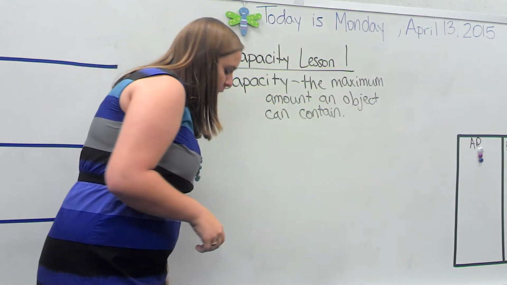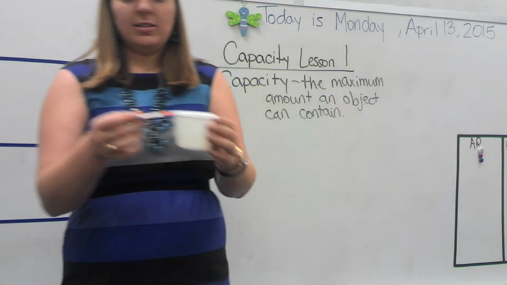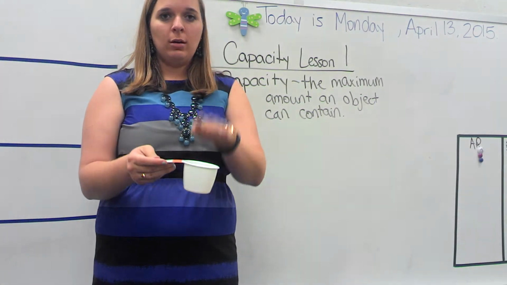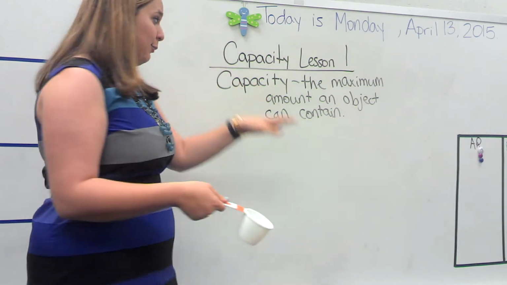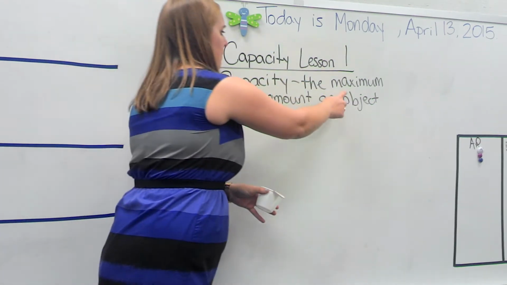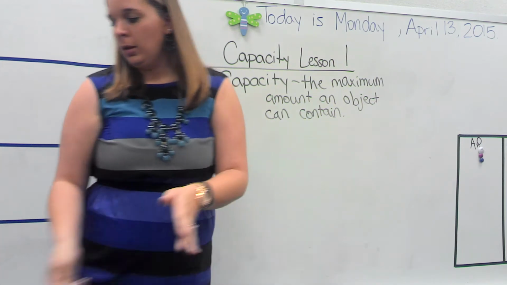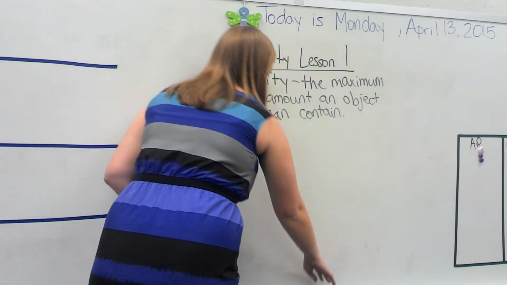All right, so for example, if I had this, which is a measuring cup and we can see it's 1 cup, okay, the maximum amount that can fit in this right here is 1 cup. It can fit less, but the capacity measures the maximum, the most that can fit in here. Okay? So that's what capacity is, the maximum amount an object can contain.